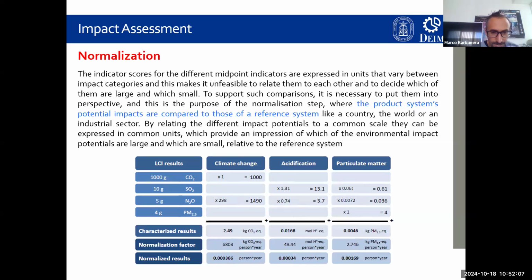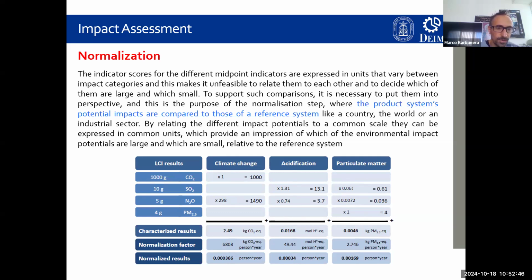Then the aim in the normalization step is to divide the characterized results by the overall emissions in a certain region, in order to obtain a pure value.